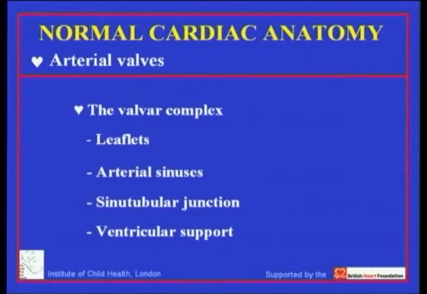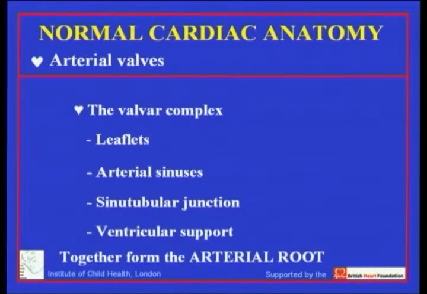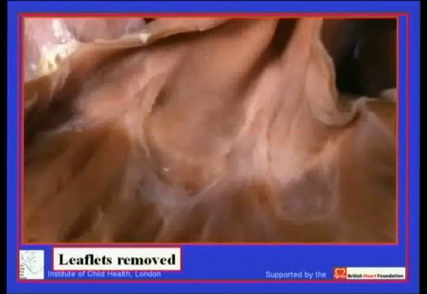You will note that at the valvar complex I have not nominated the annulus as part of the anatomic arrangement. And that is because the annulus, and what constitutes the annulus, is the object of much controversy. So let's look at what's happening in the structure of the arterial root. And here I am showing you the subpulmonary infundibulum having removed the valvar leaflets.